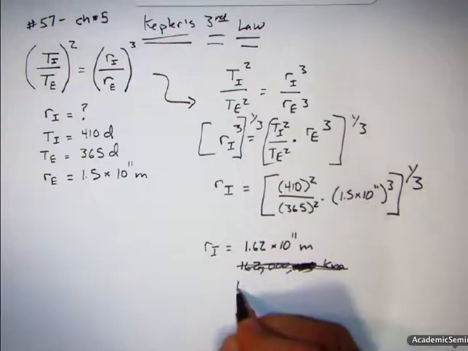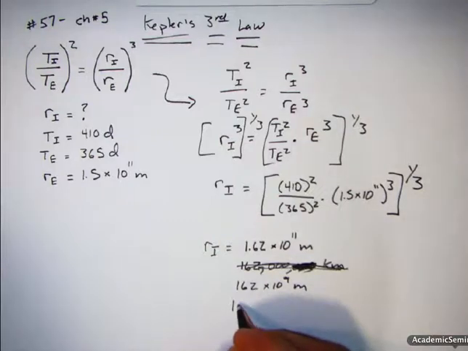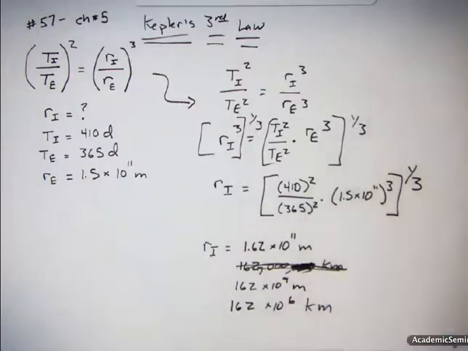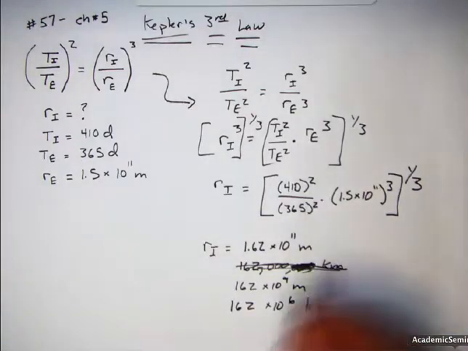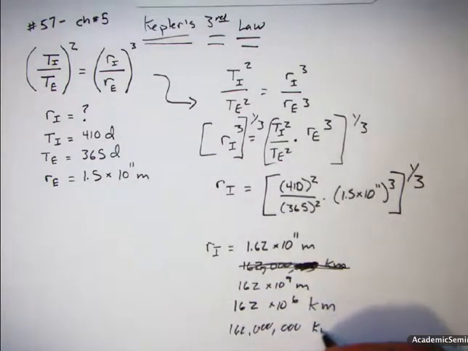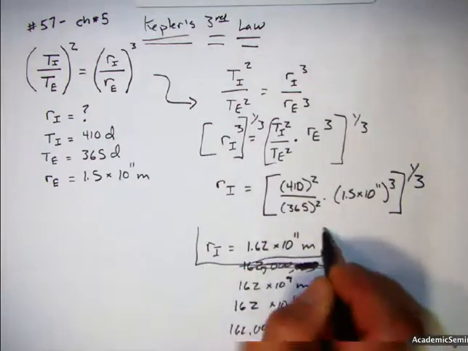That would be 162 times 10 to the 9th meters, which would be 162 times 10 to the 6th kilometers, so that would be 162 million kilometers. Anyway, that's just so we can get an idea for it. This is the correct answer right here.